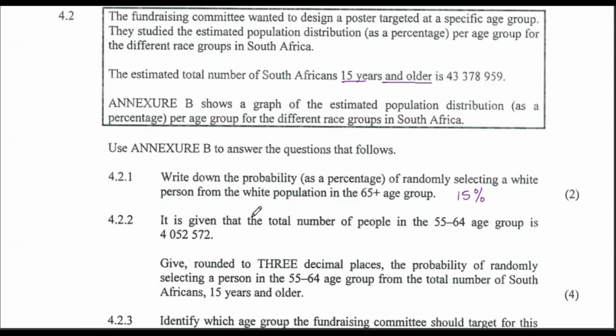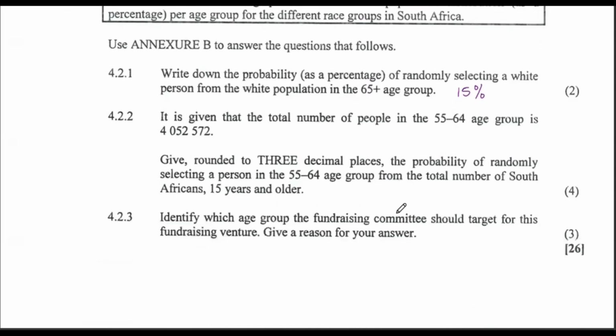It is given that the total number of people in the 55 to 65 age group is 4,052,572. Give, rounded off to 3 decimal places, the probability of randomly selecting a person in the 55 to 65 age group from the total number of South Africans 15 years and older.